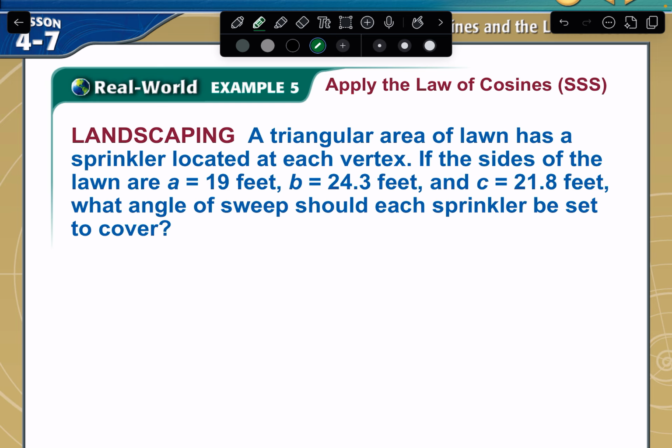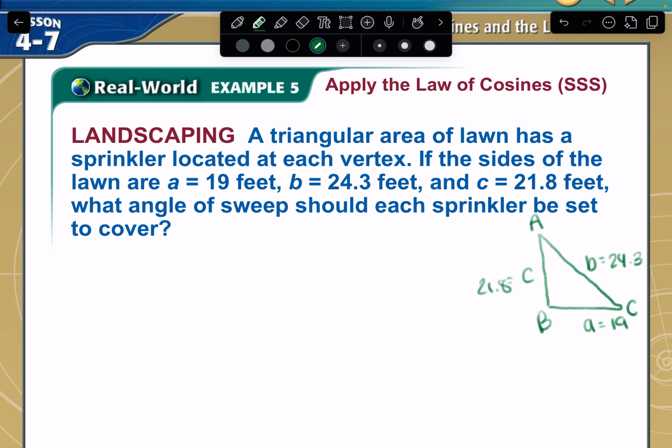The first thing that would be helpful is to draw a visual of your triangle. So if this is side A, B, and C, this would be angle A, angle B, and then angle C. So I know the side of A is equal to 19, the side of B is equal to 24.3, and C is equal to 21.8.